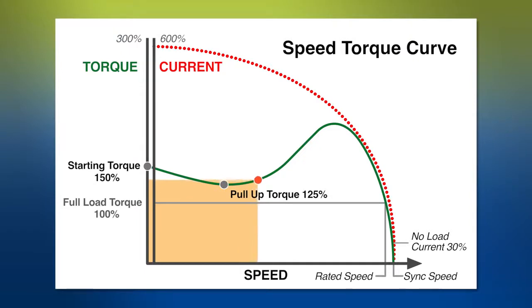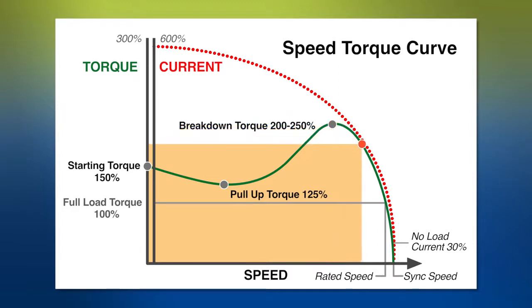As the motor continues to accelerate toward its rated speed, it encounters its breakdown torque. Breakdown torque is the greatest amount of torque a motor can generate. When the motor has accelerated itself to its rated speed, the motor should be producing between 80 to 100% of its rated torque. That is, of course, if the machine has been designed properly.